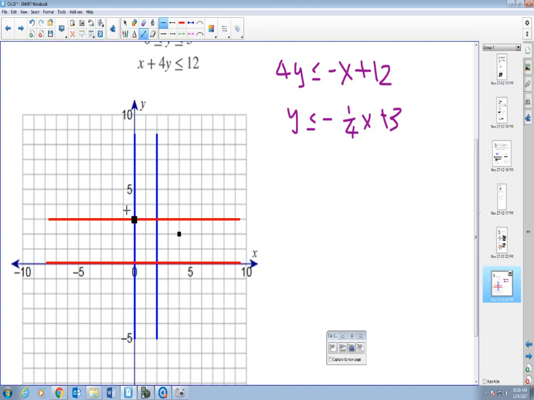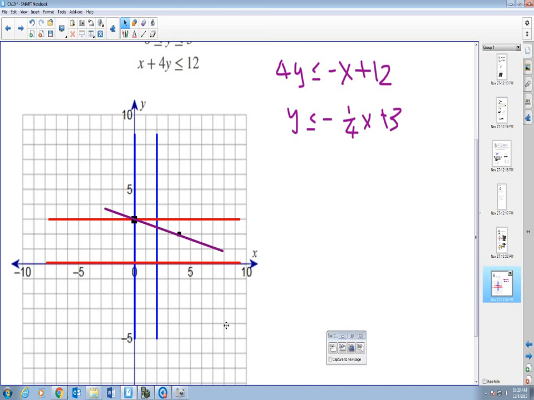Do a black line right here. Alright, if you read the inequality, it says, you know what, I'm going to do purple. There you go. Y is less than or equal to, which means right below here.